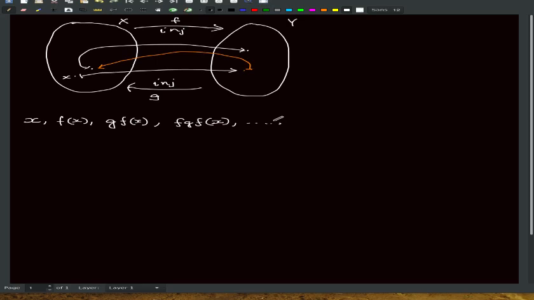Now, it could be that you started off with something such that this comes back to this. That doesn't stop this. Suppose at the next step g of f of g of f of x becomes equal to g of f of x.